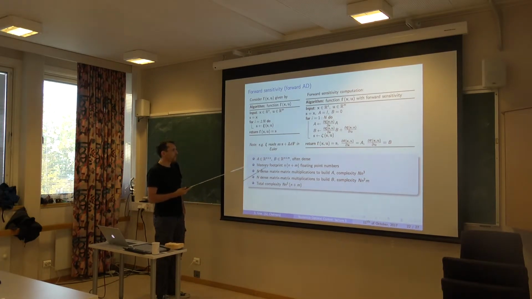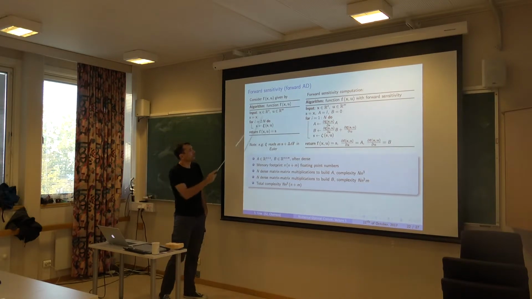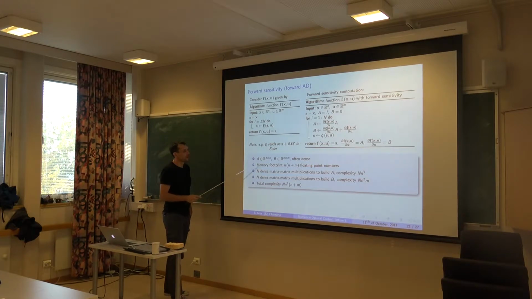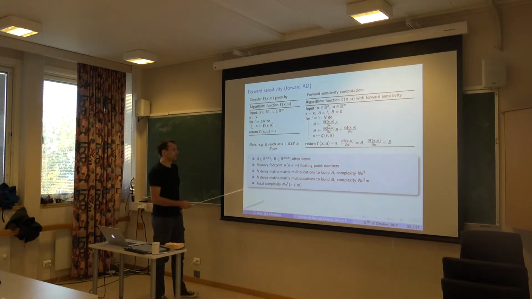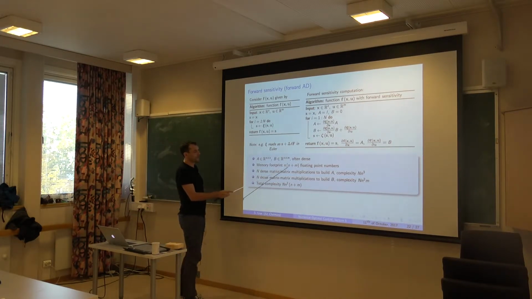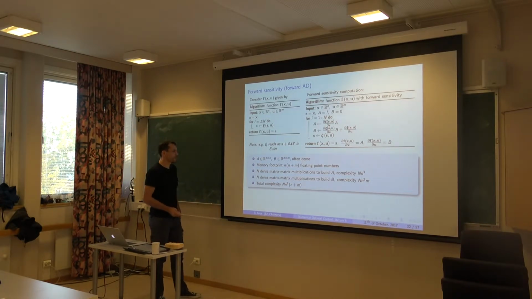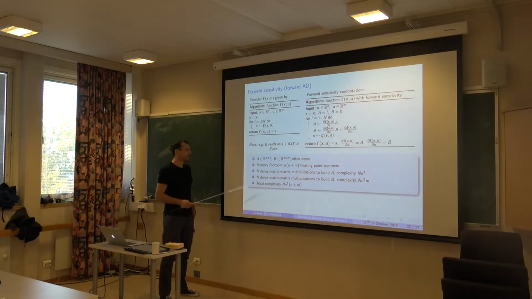If you consider that you have n states and m inputs, for example in simulations, these matrices are typically dense, so there are no zeros in there. Storing them takes n squared for A and n times m for B. They are floating point numbers, so that's the memory footprint you have.